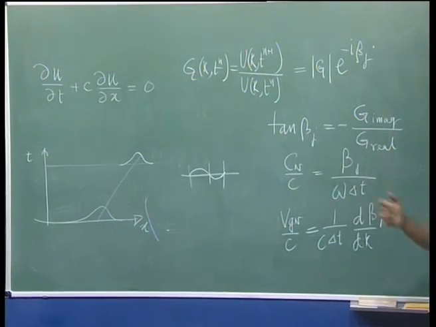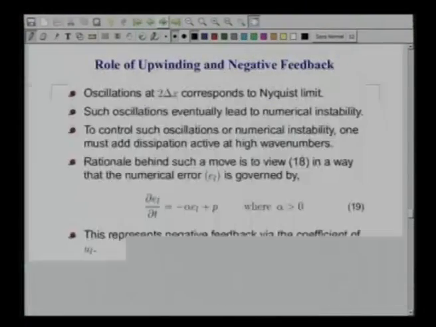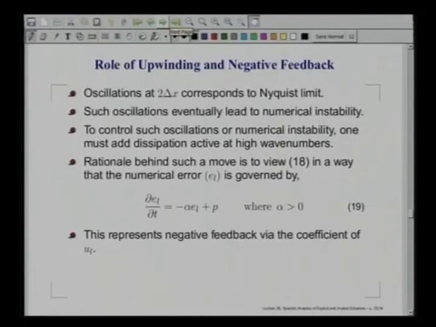So, the oscillation is related to 2 delta x. Now, if I write down the corresponding error equation, which is not very trivial, to control this oscillation at 2 delta x, what we really understand is that the central schemes are insensitive to the node point we are looking at.